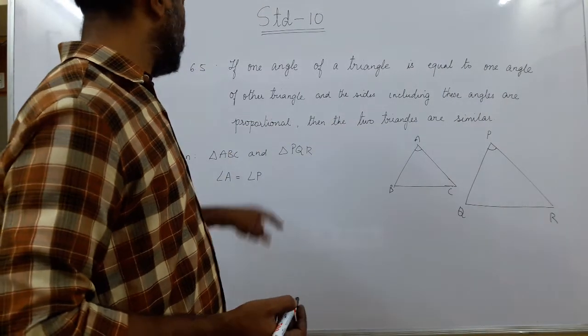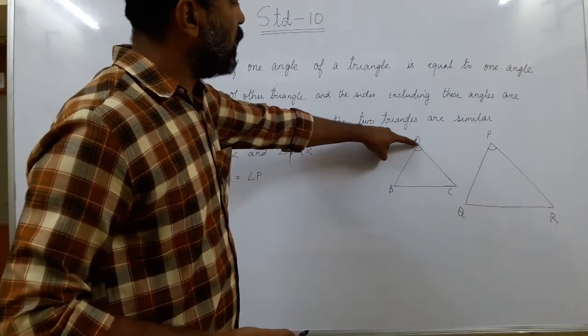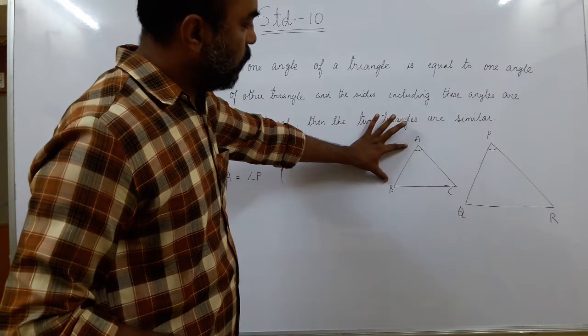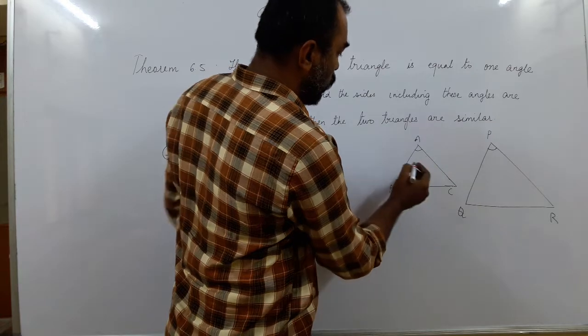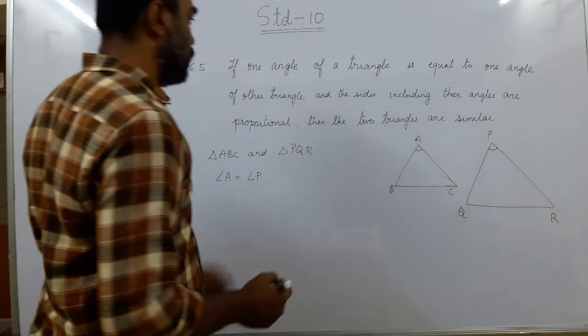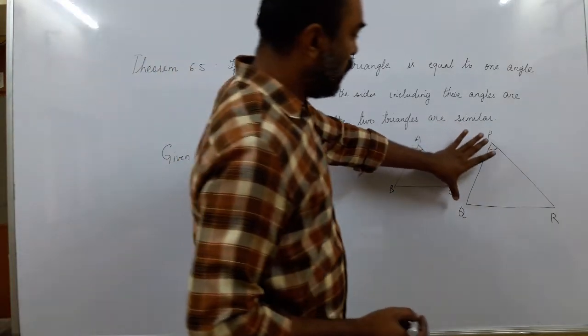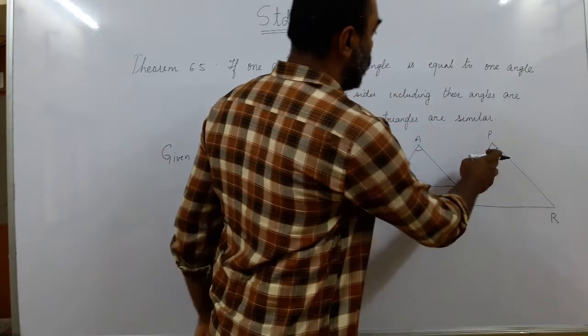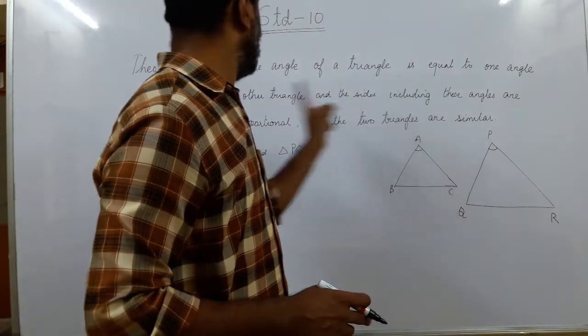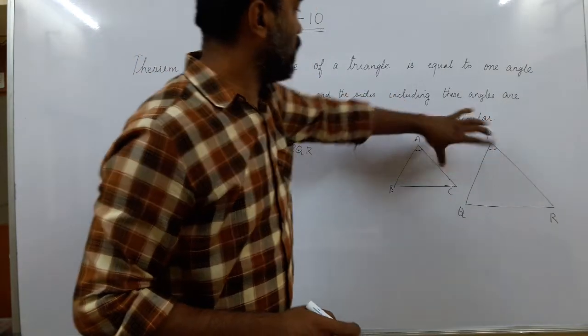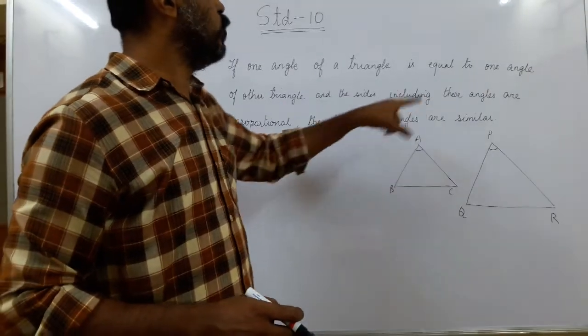including this angle. So in angle A, which are the two sides which include angle A? AB and AC. You see these two sides include angle A. So AB is one side and AC is the other. And here PQ and PR include angle P. So what is given here? One angle of a triangle is equal to one angle of other triangle. Two angles are equal. Then the sides included these angles.